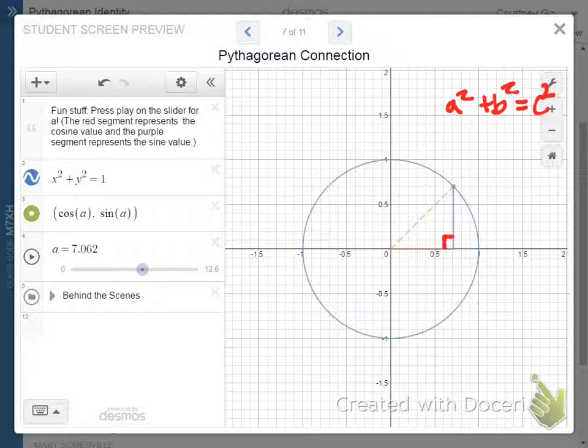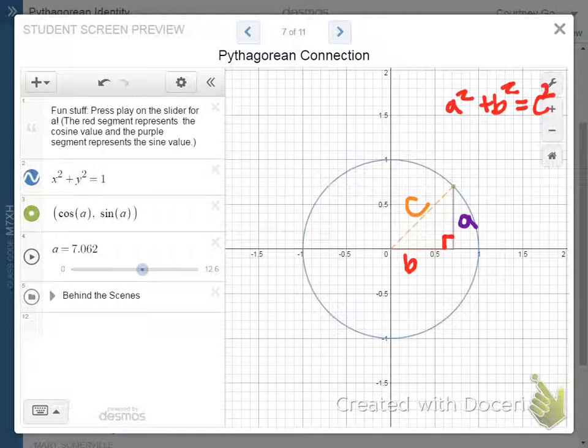So this right here is a right triangle, which means I could think about this side as A. Maybe I should match my colors. So I'll do this side as A, this side as B, right? Remember when we learned the Pythagorean theorem, A and B have to represent the legs of the triangle, and then C is the hypotenuse.